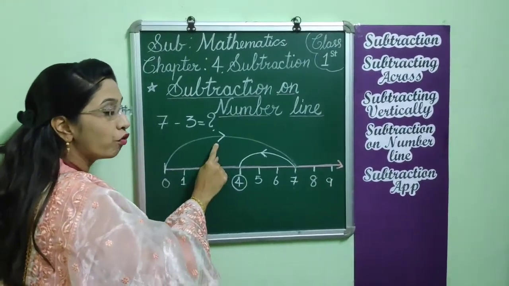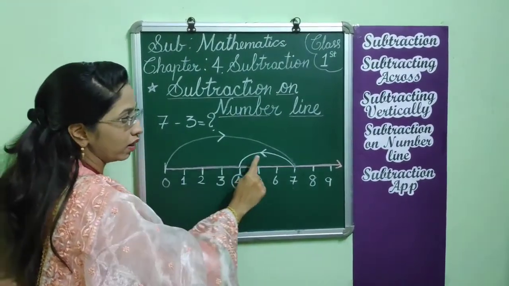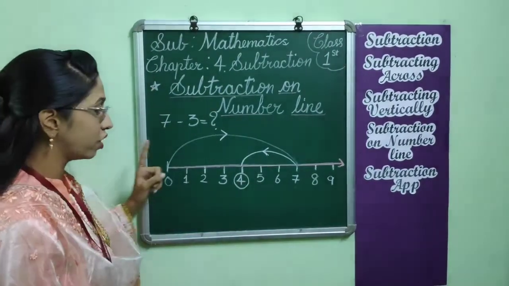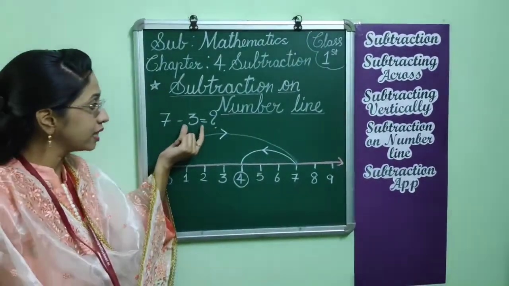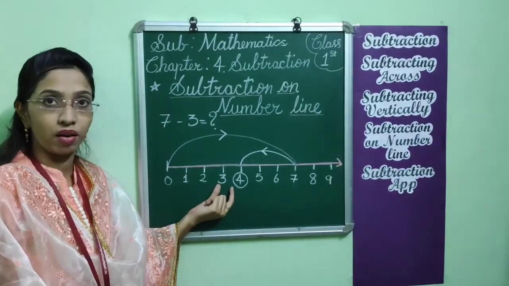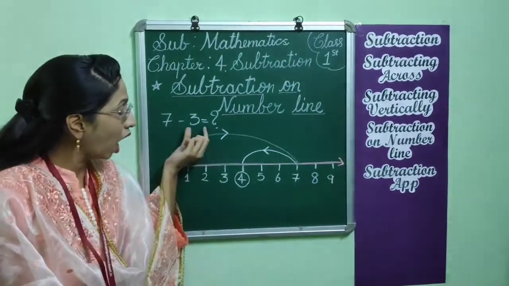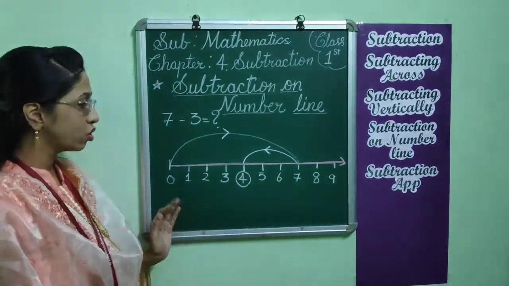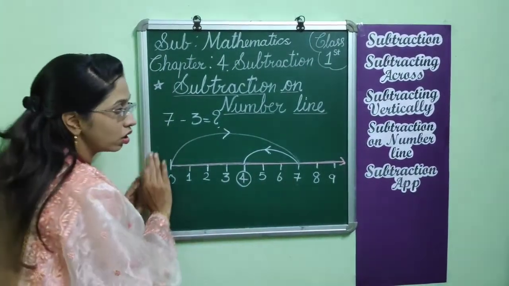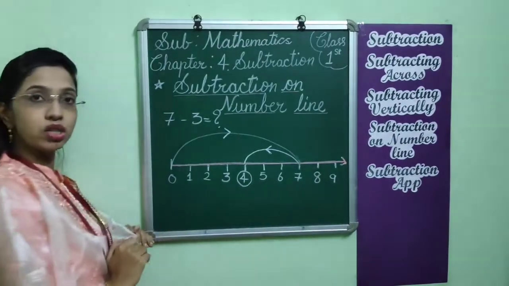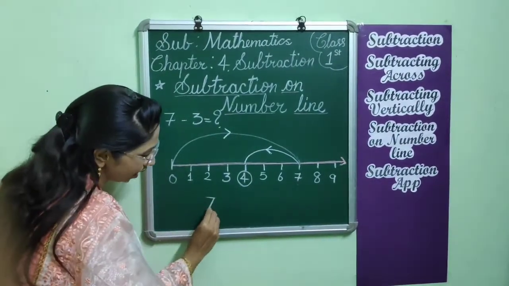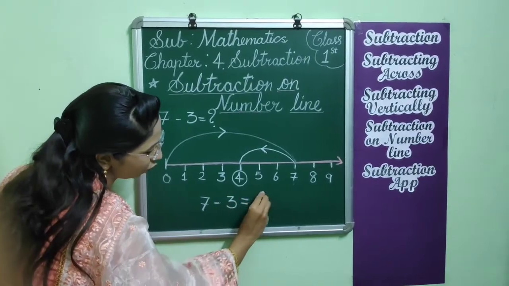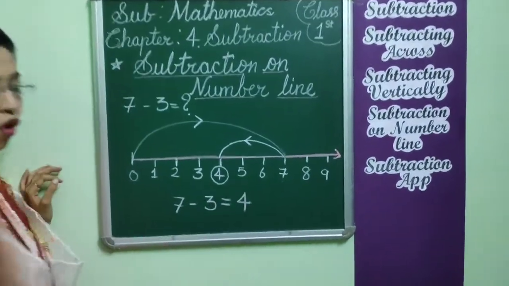This is forward arrow and this is backward arrow. See children, be careful. Don't see the second number and jump there. You have to count the second number backward. So, after solving this, what do we get? 7 minus 3 is equal to 4.